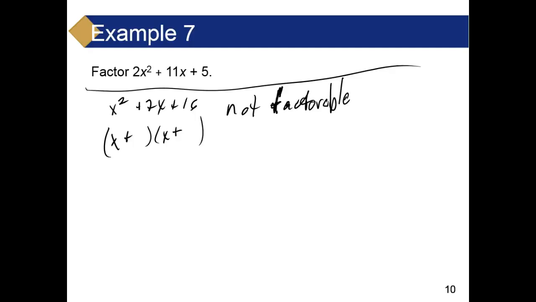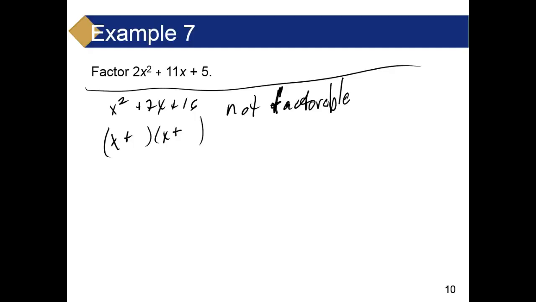So not factorable is a legitimate answer. But what it means is it is not factorable by anybody. Don't think that just because you can't factor it, you say not factorable and that's going to count as true. No, it has to be truly non-factorable. Not that you would do that, okay? So you can't just write them all down as not factorable. You probably aren't going to do too well on that one.